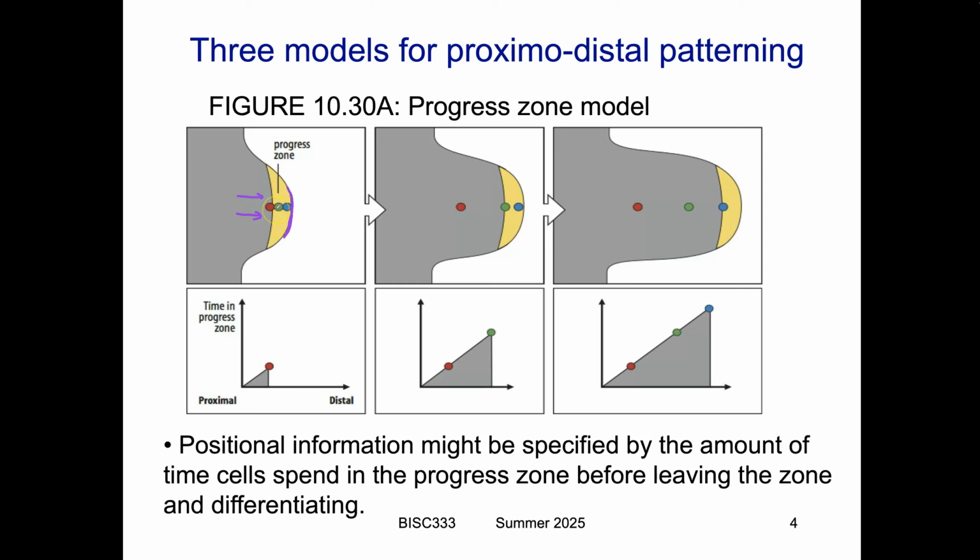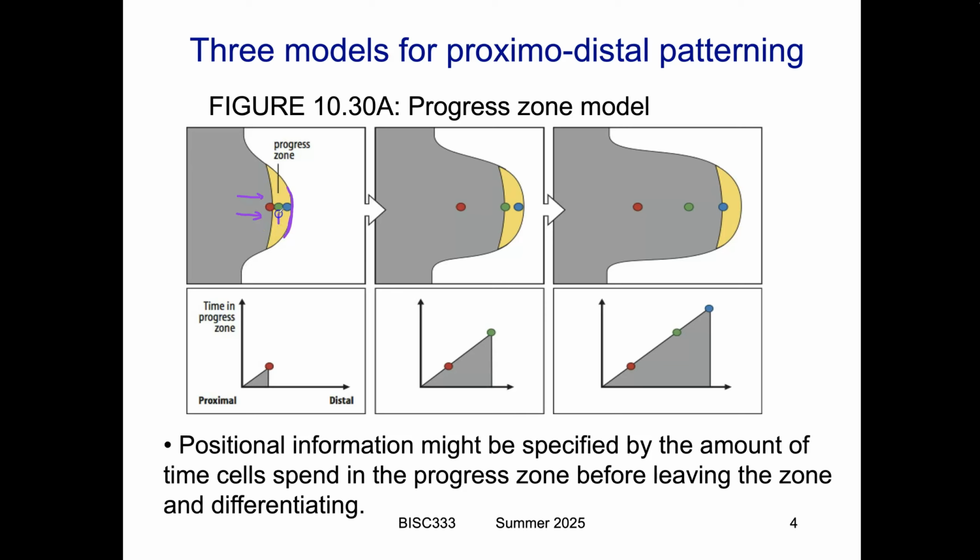Now, these cells are dividing, so it's not that each cell is experiencing a certain amount of cell division, but that it's experiencing it and its daughter cells. Maybe there's a way of counting the numbers of cell divisions. Maybe it's just a matter of signals that they're receiving here. So the longer you spend in this zone, the more of the signals that you've been receiving. So maybe if you have a short blast of a signal and you get it for just a few minutes, for just one time, that gives you one set of instructions.